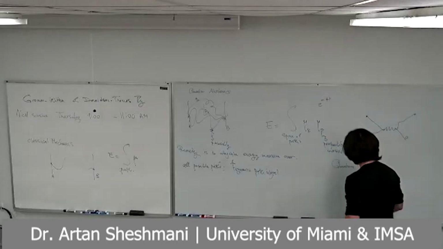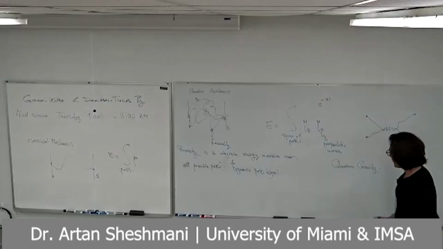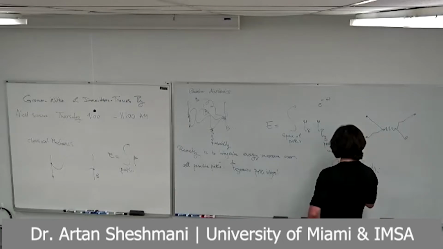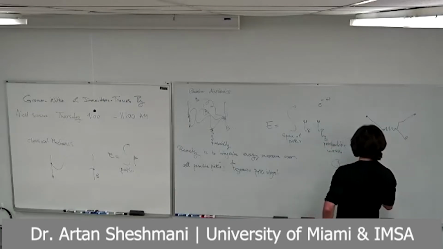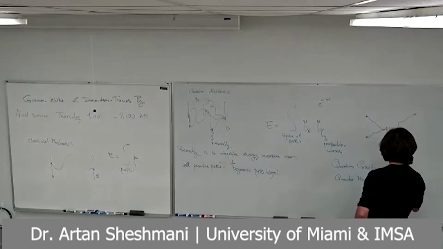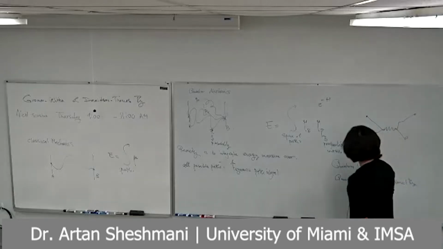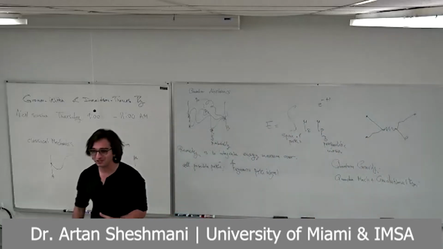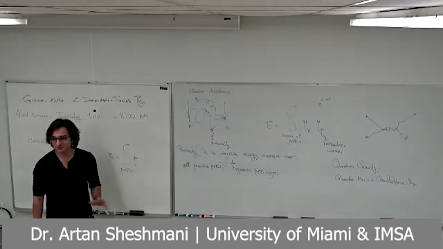So the model that describes that is quantum gravity. It's the mixture of quantum mechanics plus the gravitational theory of Einstein, and it's a dream. It's a dream because we have not achieved a formalism of this yet. No one has.